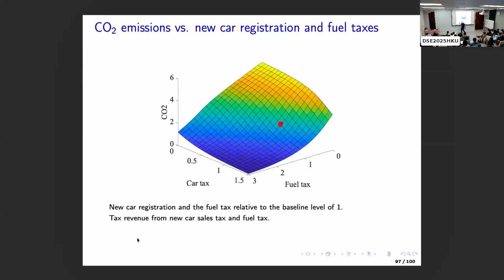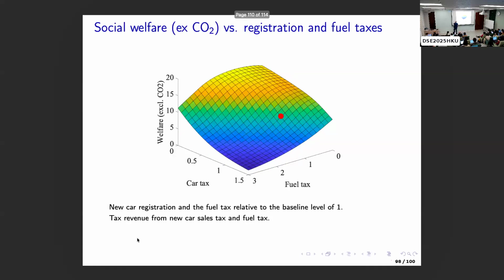You can also calculate CO2 emissions from all that gasoline. And of course, if you are reducing the fuel taxes and the car taxes, then people have more cars and drive them more, right? So it's just going to increase the CO2 emissions. It also increases welfare because people get utility.